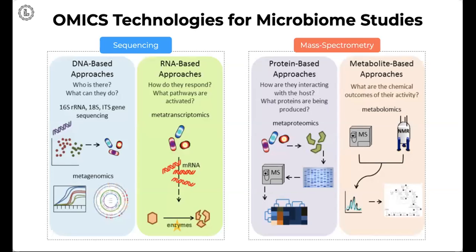And what do I mean by functional activity? By probing specific genes and what they actually produce and how they are related to different biological pathways, we can understand the primary functions of these microbes in their environment.